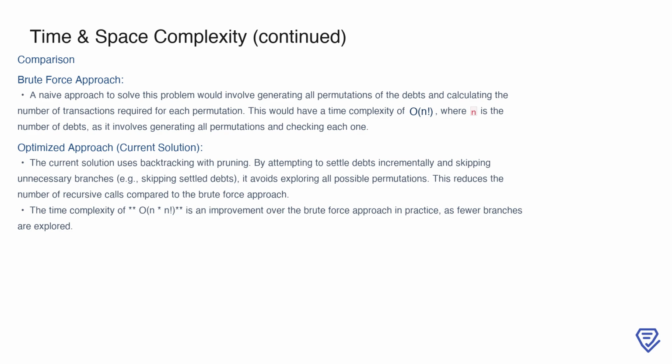The optimized approach, on the other hand, leverages backtracking with pruning. By attempting to settle debts incrementally and skipping already settled debts, it avoids exploring unnecessary branches. While the worst-case time complexity of O(n * n!) remains higher than the brute force's theoretical O(n!), in practice, the pruning significantly reduces the number of branches explored, making the current solution much more efficient.